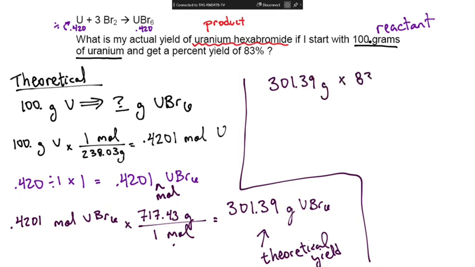Times 83% means that my actual yield, so again, this time I'm trying to solve this for the actual yield. Just write that word there. About 250, that's going to give me my 3 sig figs. 250 grams of UBr6, that's my actual yield.